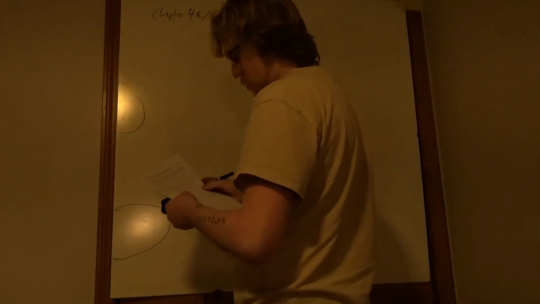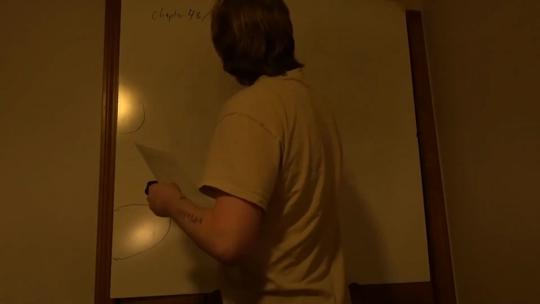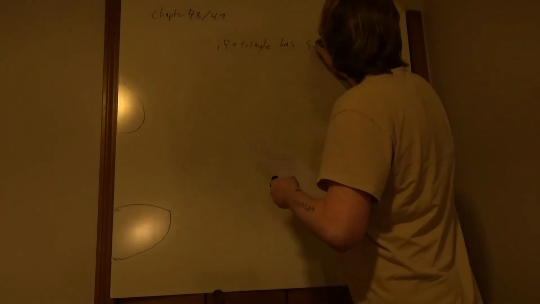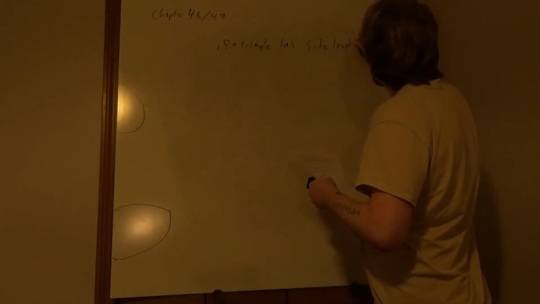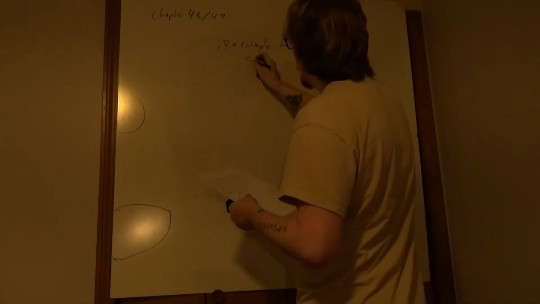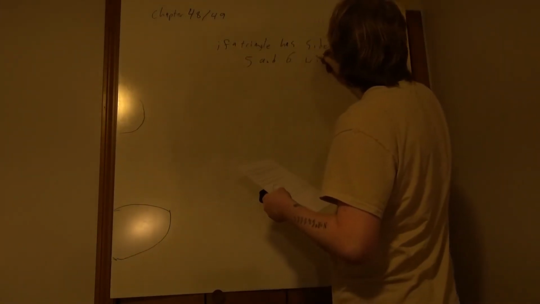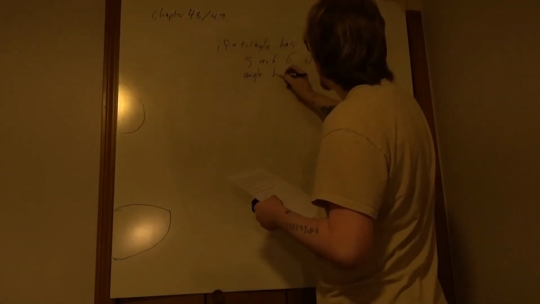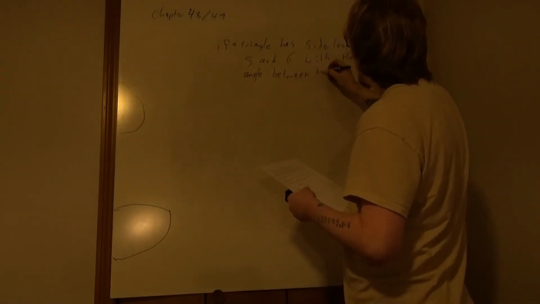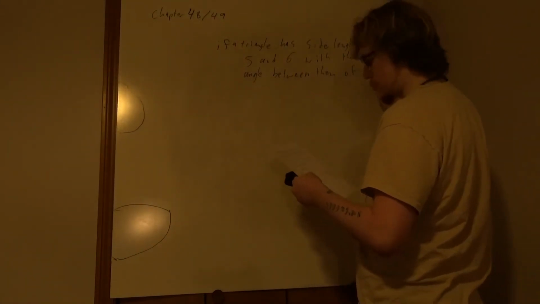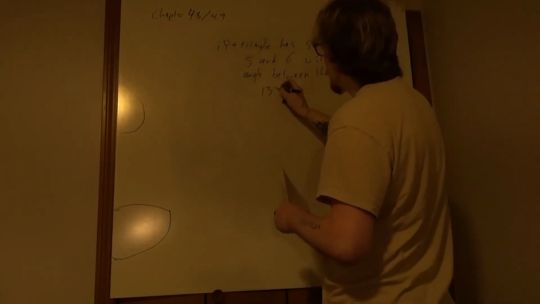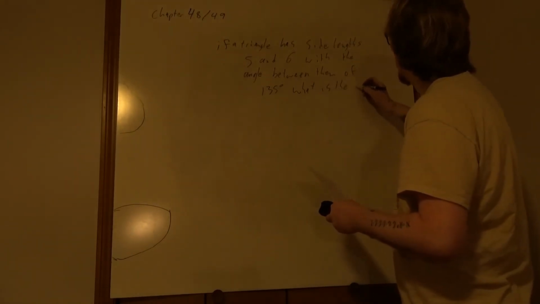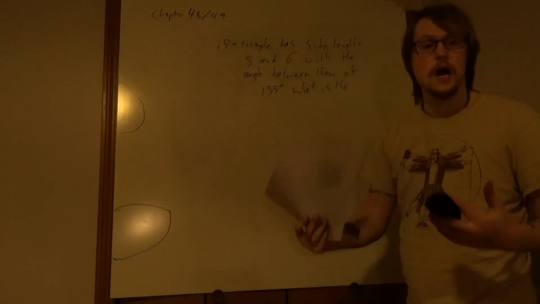If a triangle has side lengths 5 and 6, with the angle between them of 135 degrees, what is the other side length?